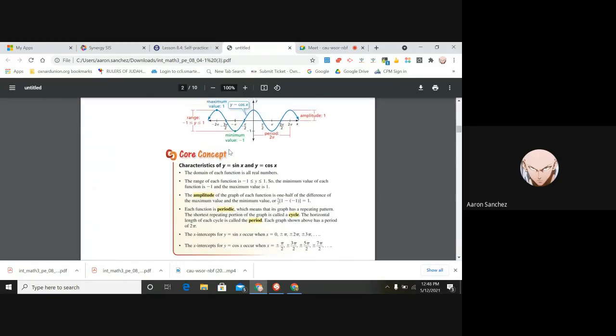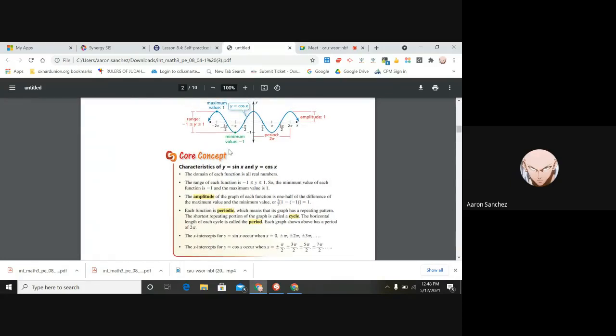Okay, look at this right here. Can we fit all that in? Okay. Now, the characteristics of y equals sine x and cosine x. First, let's talk about the amplitude. The amplitude of the graph is 1/2 the distance between the maximum and minimum value. Basically, the amplitude is this right here.